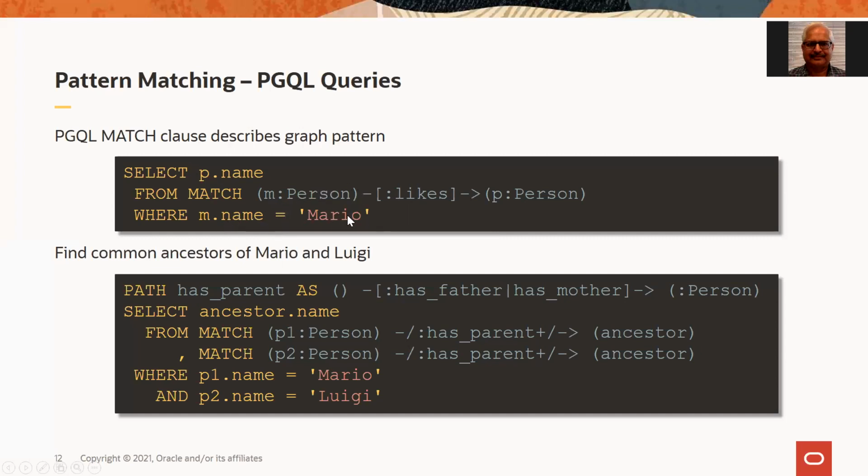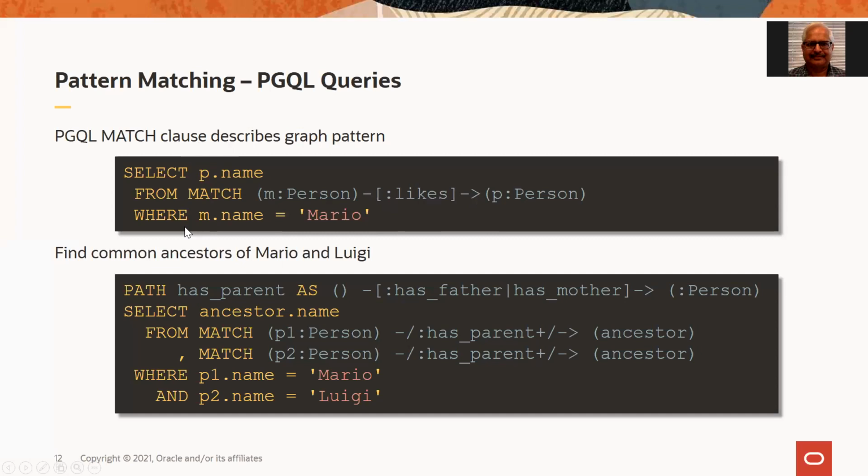So we're essentially looking for all vertices of type person which are connected to Mario through a likes relationship, right? Anything which is associated with a vertex is in parentheses. Anything which is associated with an edge is represented by these square brackets. And as they can potentially be directed relationships, you would have this arrow.